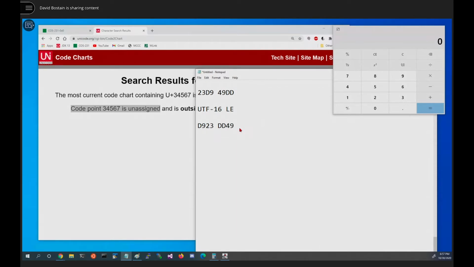So the next thing we do is think about what we actually did earlier to get this. Well, we had added the first one to D800. Remember doing that? So we could right here subtract D800 from this. We could subtract DC00 from that.